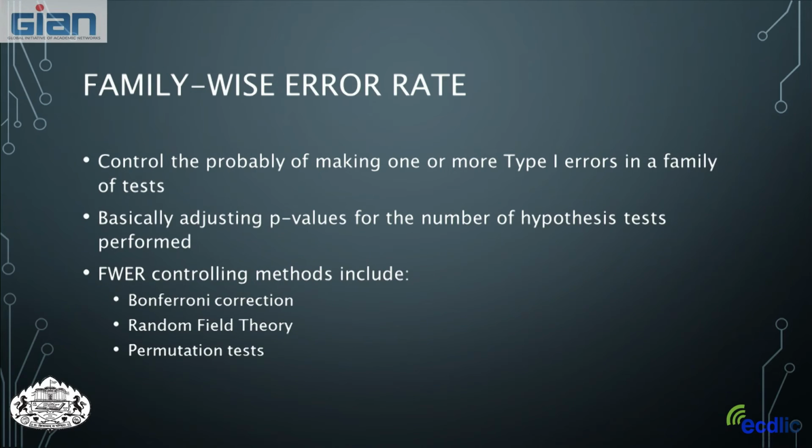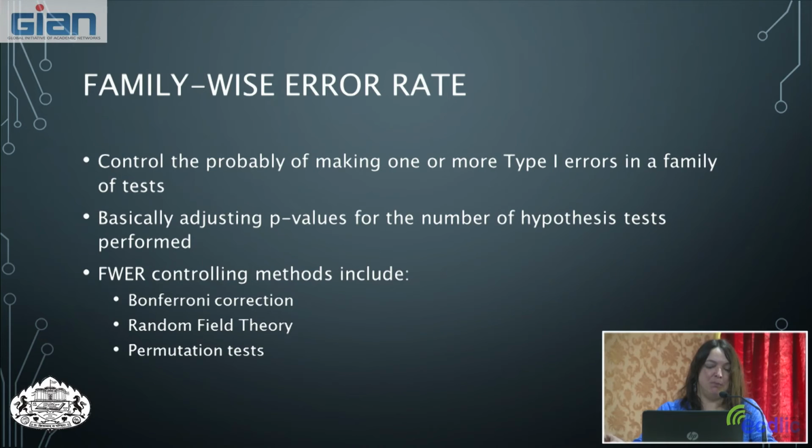The family-wise error rate controls the probability of making one or more type 1 errors. Again, a type 1 error is a false positive, so you're seeing a positive activation when there actually is none. To do this, we adjust a p-value for the number of hypothesis tests that we're doing.